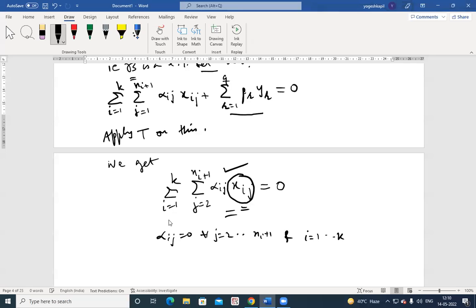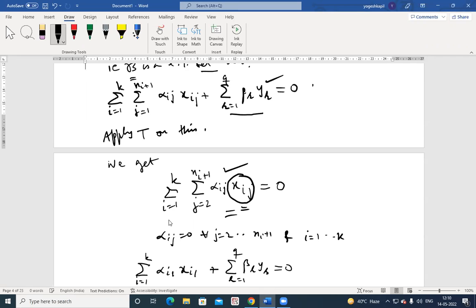If this is 0, that means what is left here? I am left here with only the j equals 1 index. That is, alpha i1 xi1 plus the sum of beta r Yr from 1 to q is equal to 0.